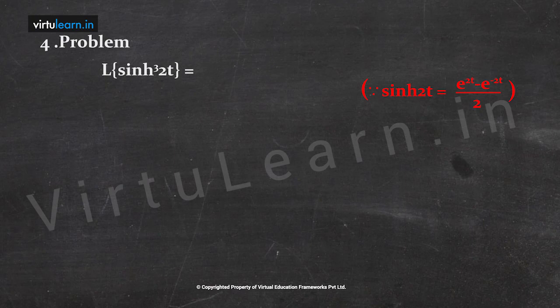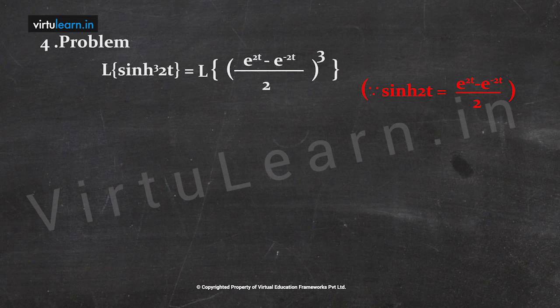Then I will convert this sinh cube 2t in terms of exponential function. Why should I convert? Because we know the Laplace transform of exponential functions, we have the formula, right? Now observe this one, Laplace transform of e power 2t minus e power minus 2t by 2. Again this is sinh 2t, then the whole cube is there.